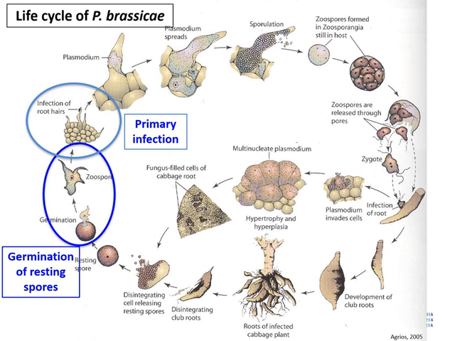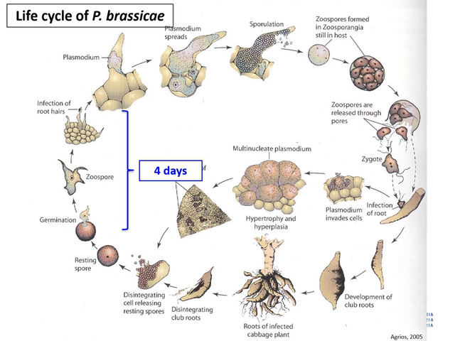The zoospores then go on to infect root hairs, and this is the primary inoculum phase of this disease cycle. This process, from germination, in other words, from establishing that there are root exudates and chemotaxis happening, through to infection of root hairs and formation of a plasmodium, only takes about 4 days.